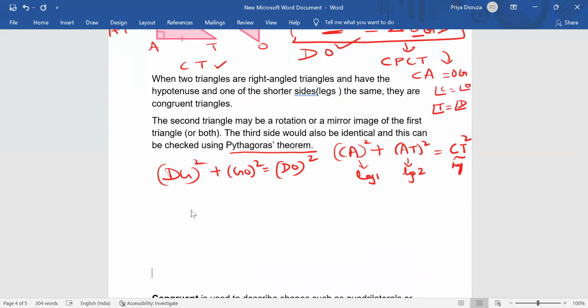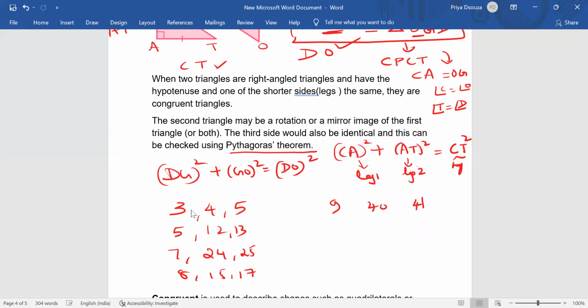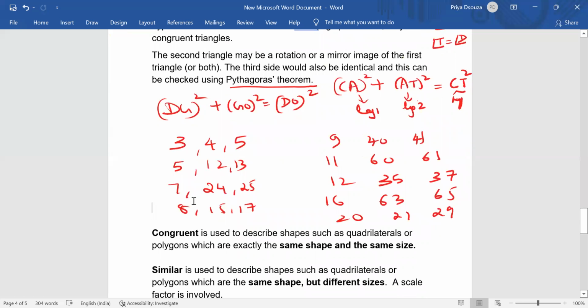The most commonly used ones that we always speak about are 3, 4, 5; 5, 12, 13; 7, 24, 25; 8, 15, 17; 9, 40, 41; 11, 60, 61; 12, 35, 37; 16, 63, 65; 20, 21, 29. So there are many like this. These are the triplets, okay?